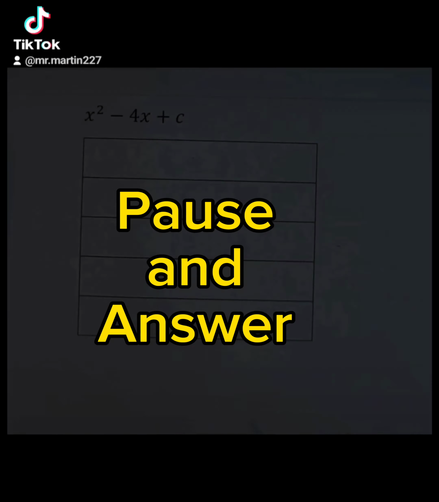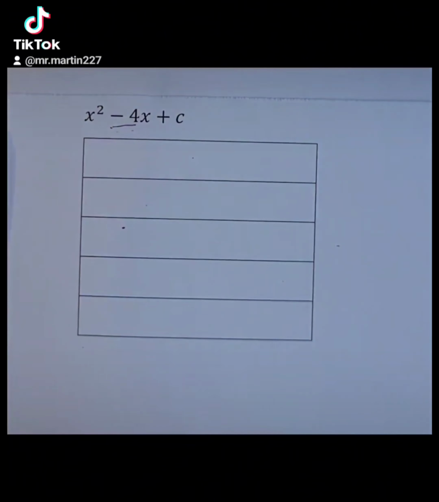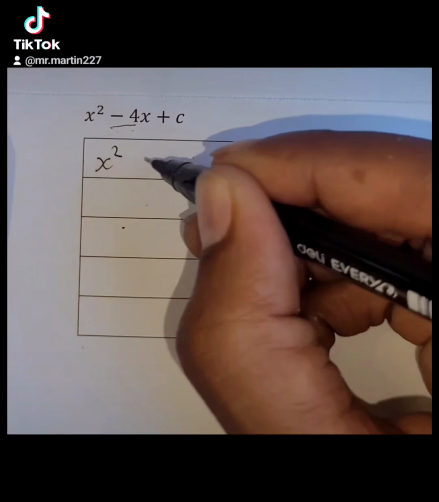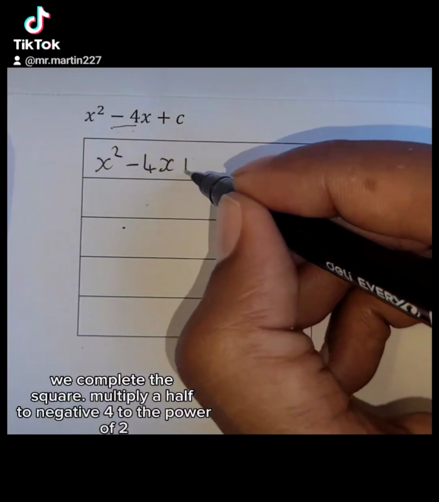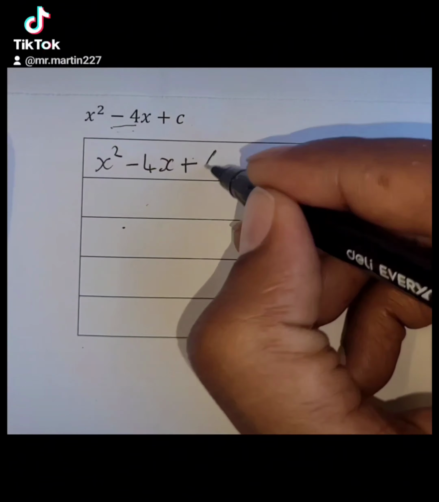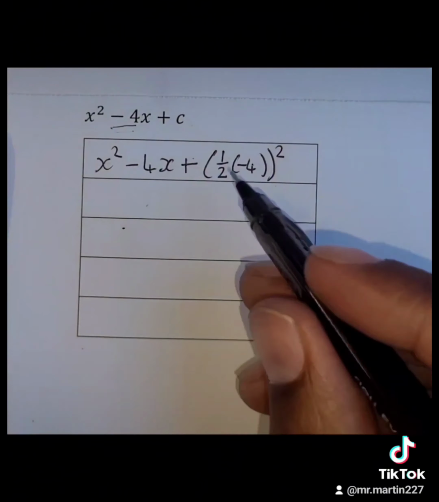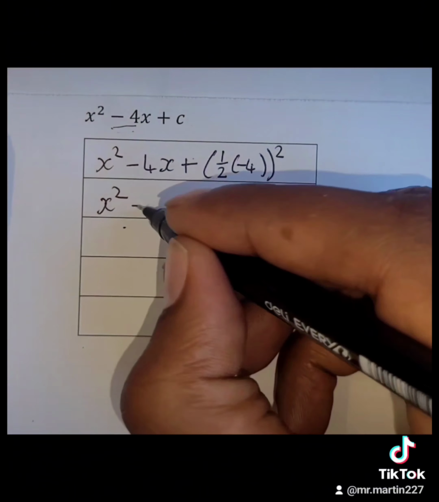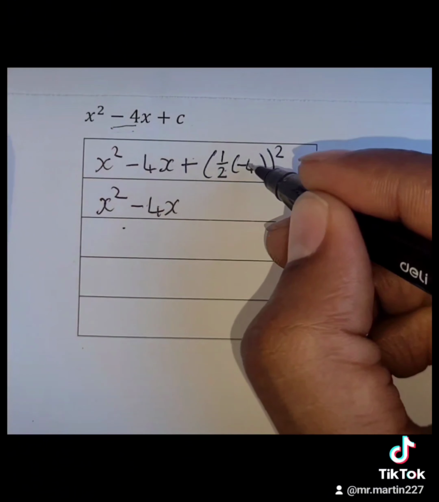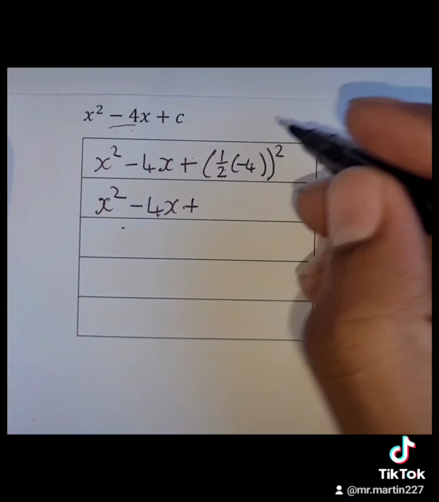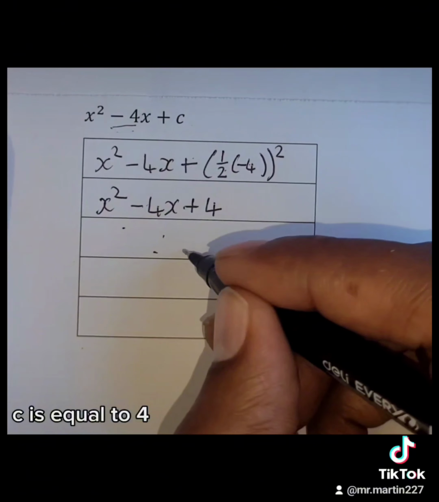Pause and answer. We complete the square, multiply a half by -4 to the power of 2. Therefore, C is equal to 4.